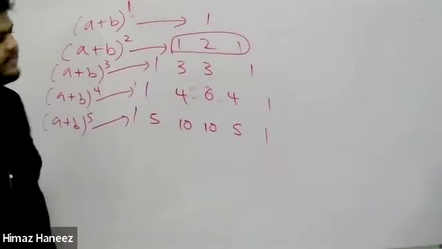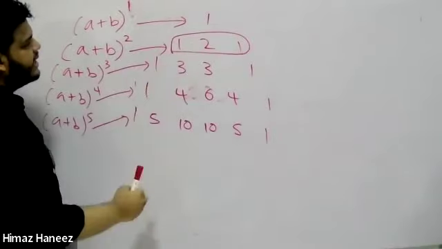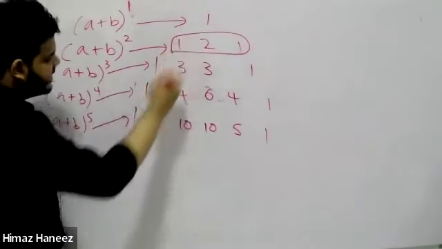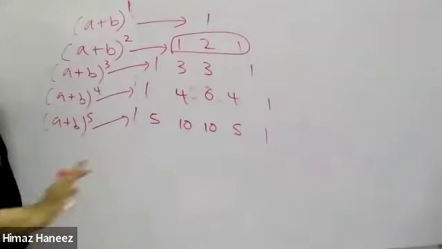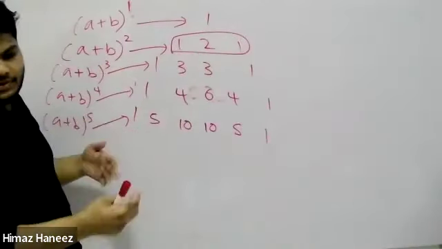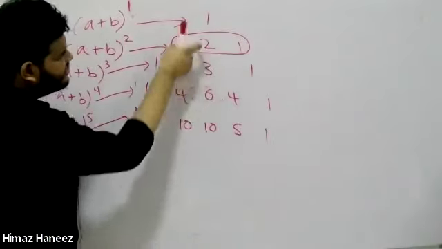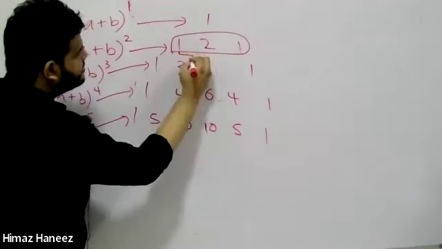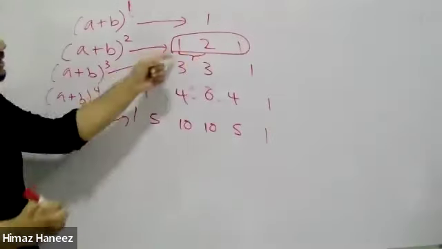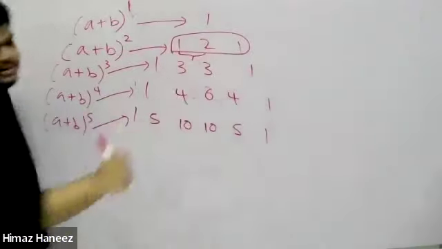So what he told is, first don't check from the first term, check from the second term. In the left hand corner and the right hand corner, it's always 1. In the middle there should be number combinations. If you add the first and the second number of the term before, you get 3. 1 plus 2, 3. Then add this and this.